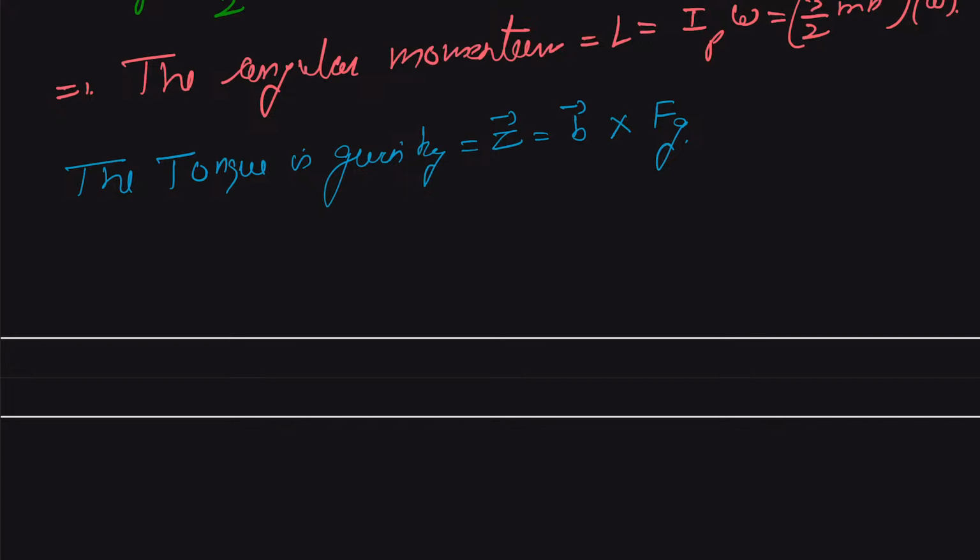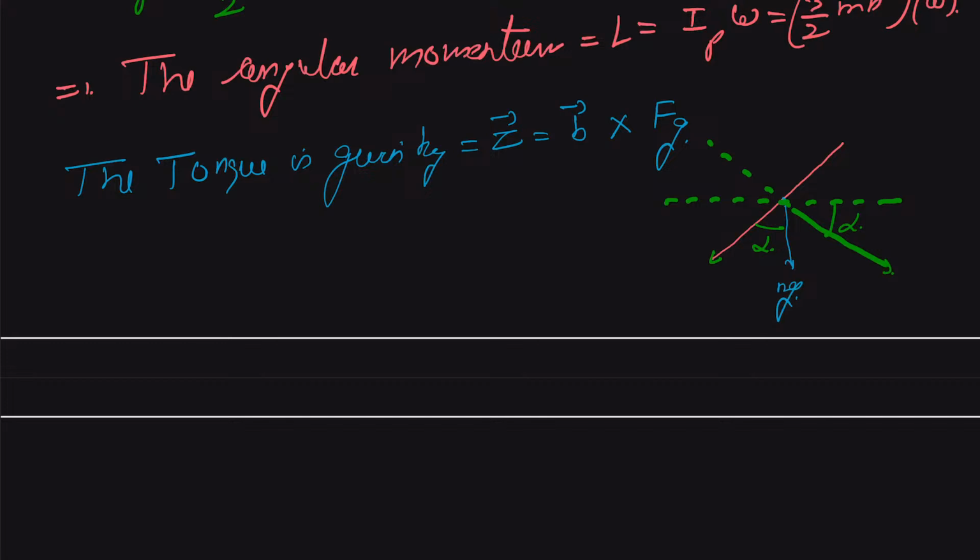So we are having mg in the downward direction, and this angle is our alpha. So we are going to get this angle will also be our alpha, and we get two components.